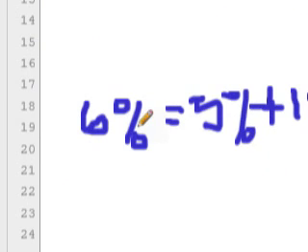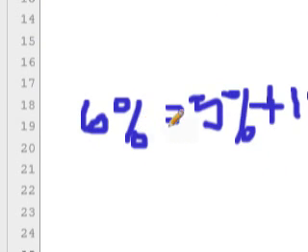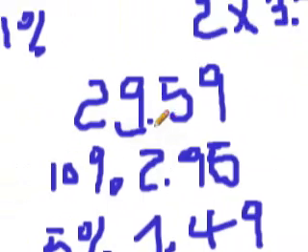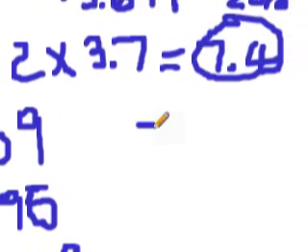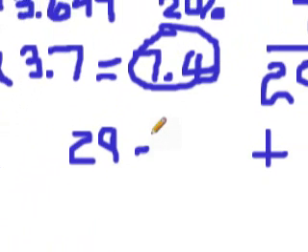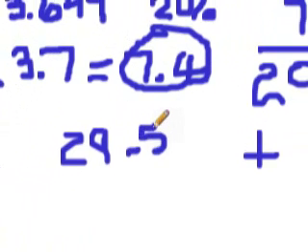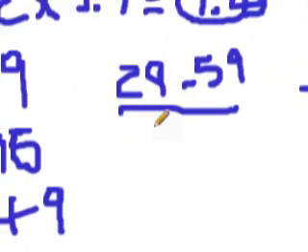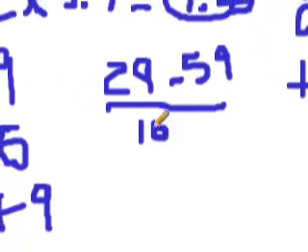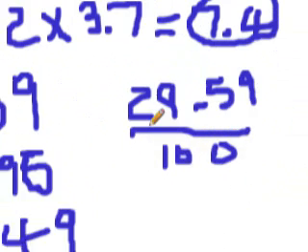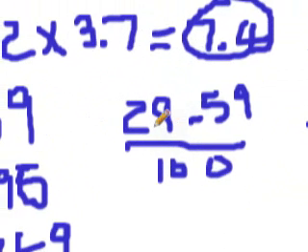Remember, the tax was 6%. So this is 5%, and I have to add 1%. For 1% of this, I have to divide by 100. I'm just going to move the decimal point 2 places instead of 1 place as for 10%.